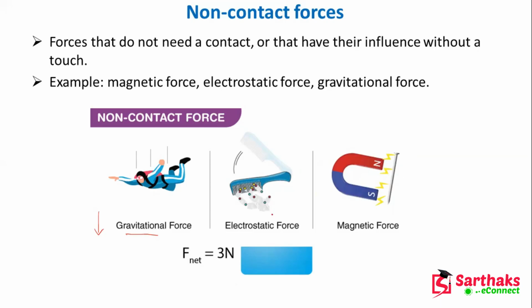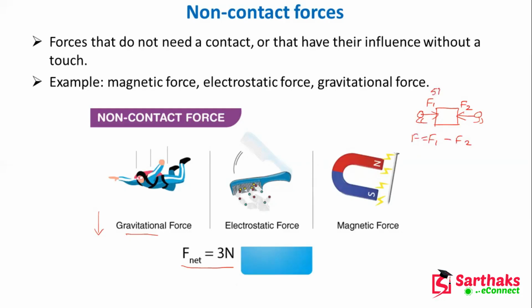Now another thing, that is the net force. Suppose you are here and I am here. You are applying some force F1 and I am applying F2. Both of us are applying some force, so the resultant force, that is the effective force, will be F1 minus F2.